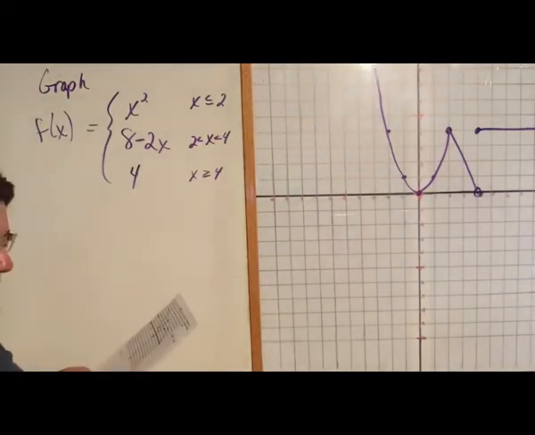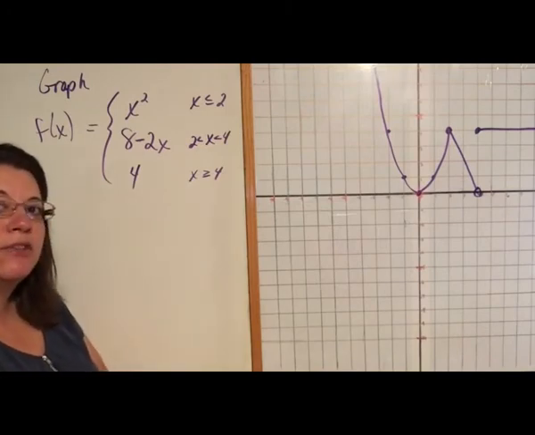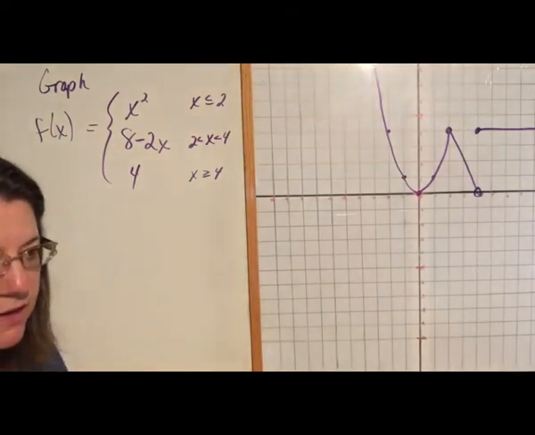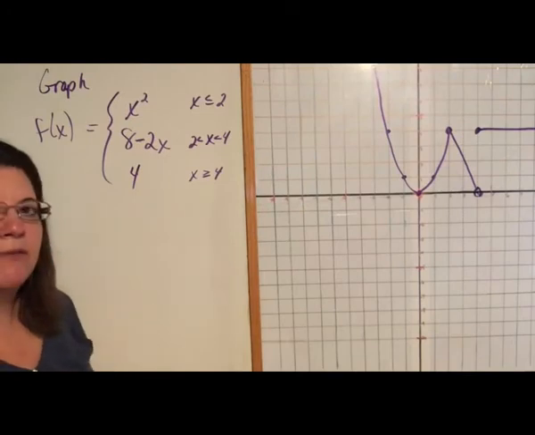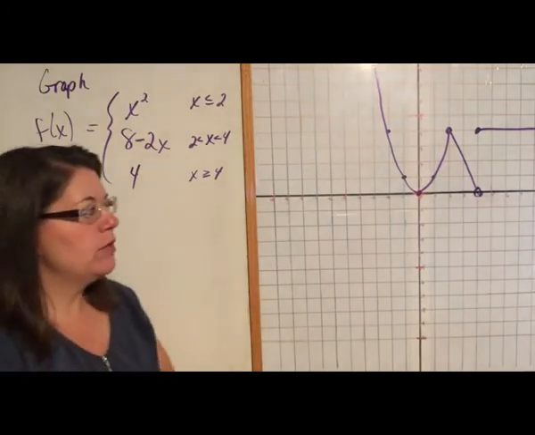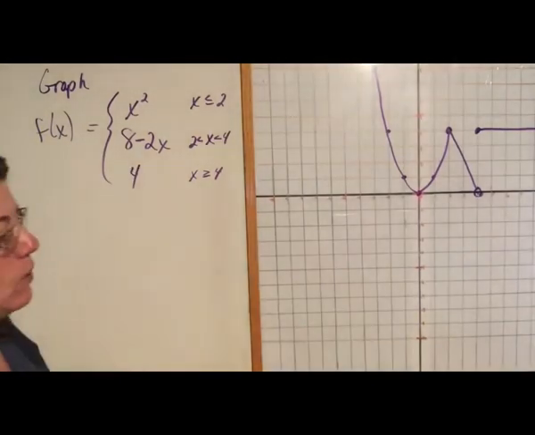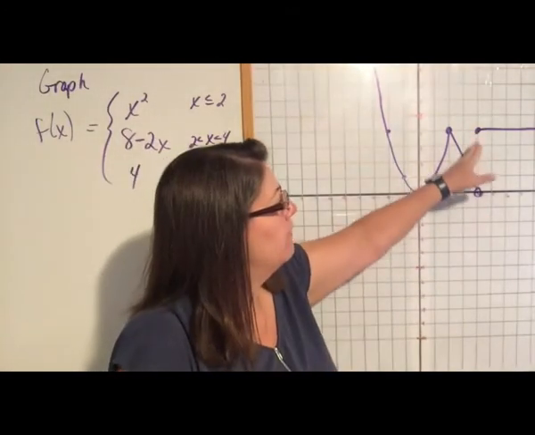And then they might ask you, for what values of x would the limit exist? Well, we know that the limit exists everywhere that if we approach from the right and the left, we have the same limit. So the only place we would not have a limit is where we have a jump in the graph. And we have a jump in this graph at the x value of 4.